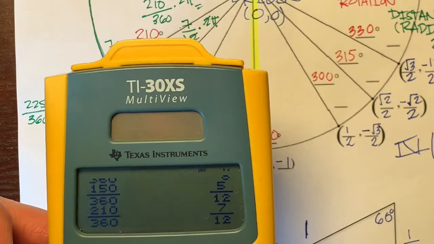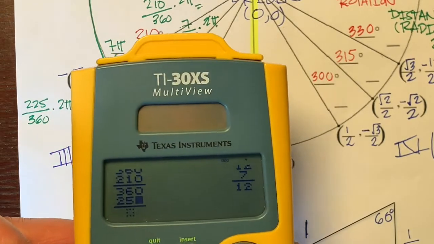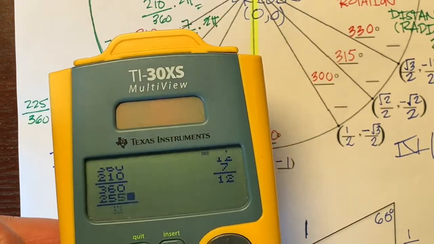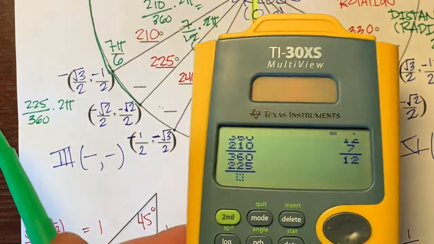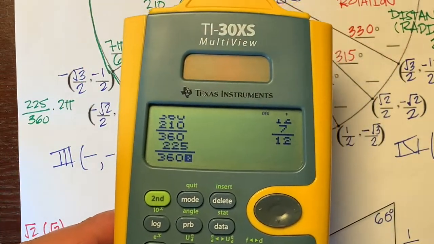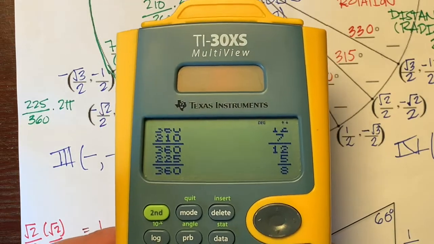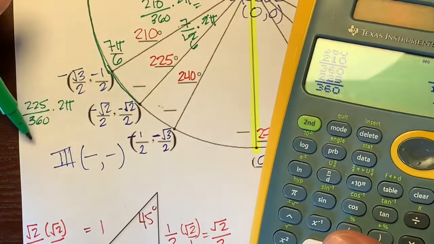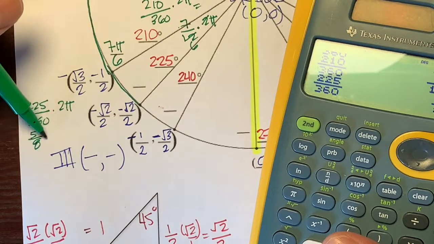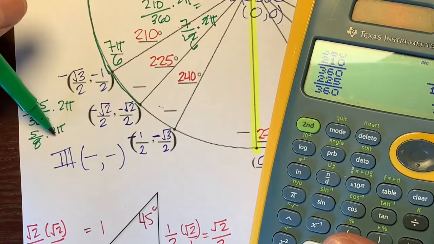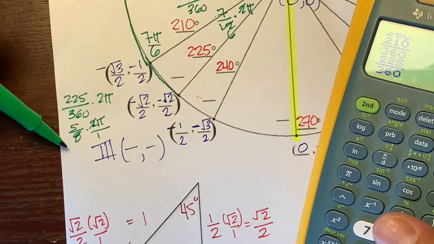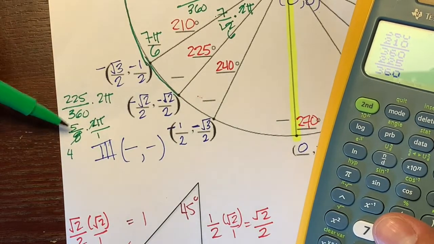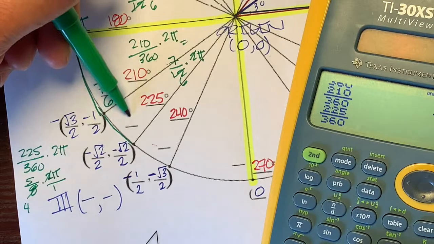And so 225 out of 360, that's 5/8 of the way times 2 pi. Let's put a 1 under there. The 2 cancels out. This 8 turns into a 4. So that's 5 pi over 4.